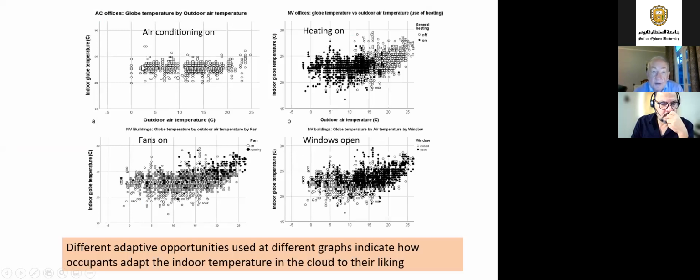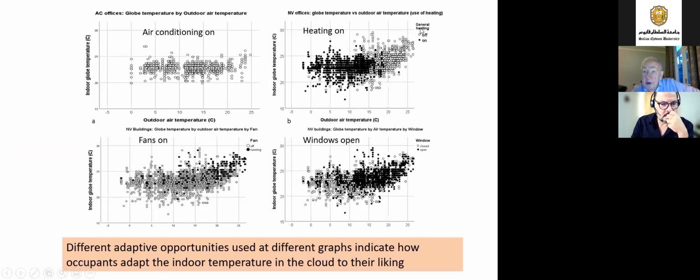In the air-conditioned buildings, firstly, the range of temperatures is relatively small. It's about 5 degrees between the upper edge and the lower edge of this cloud of points. But in the naturally ventilated buildings, the line goes along horizontal and then starts to rise up.